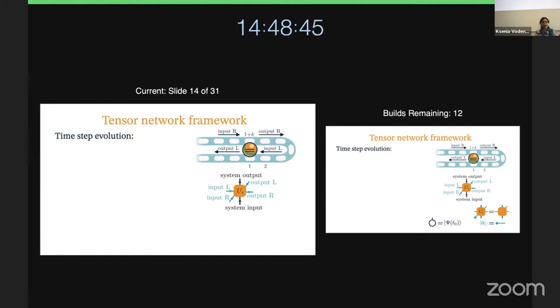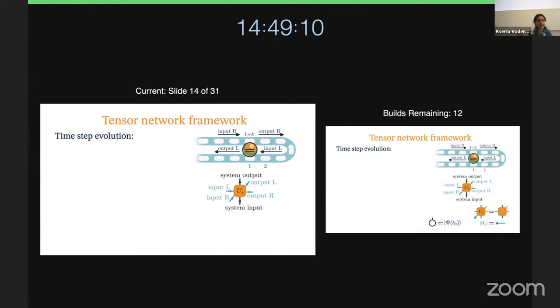Okay, so now we can try to solve the Schrödinger equation for the whole system. Each time step of this evolution, according to the Schrödinger equation, will have the following form. It's a tensor, this U_i, and it has 6 legs.